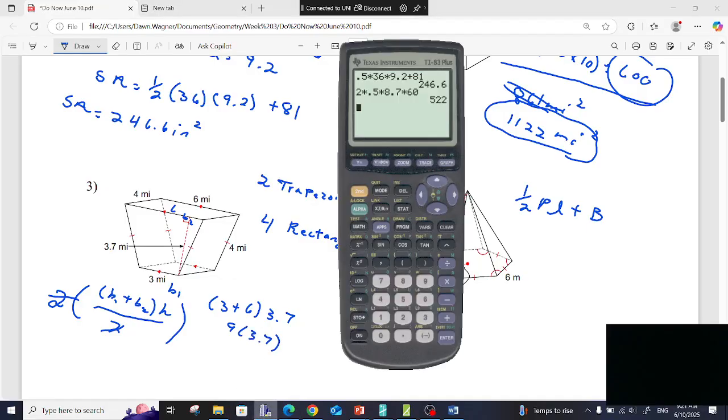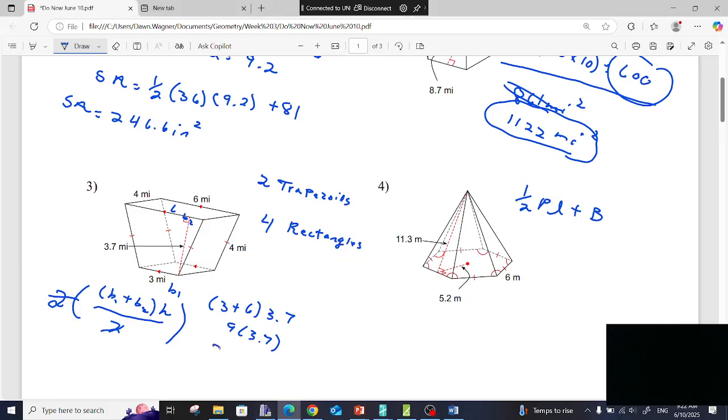What is 9 times 3.7? And that's 33.3. Now that's the two trapezoids, right? Okay, now the four rectangles.